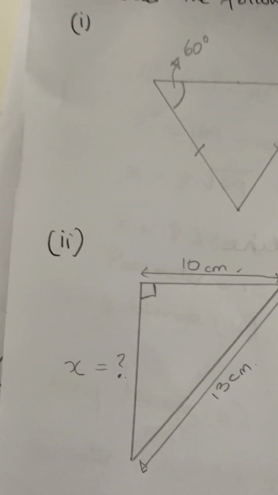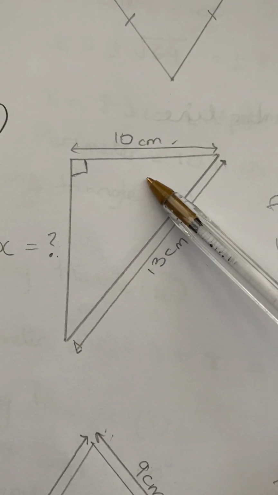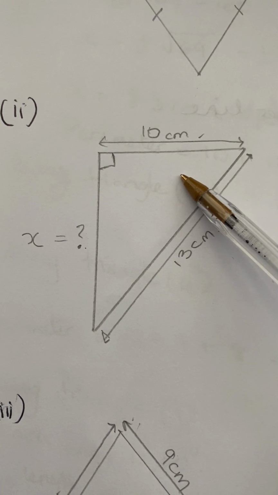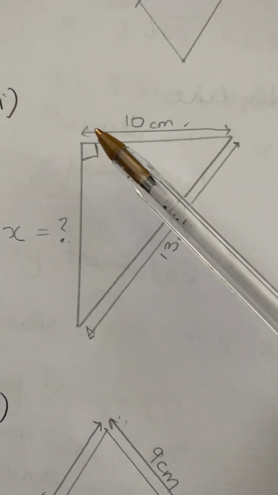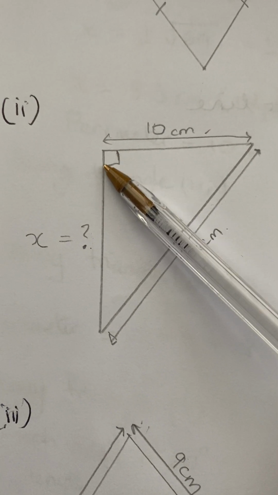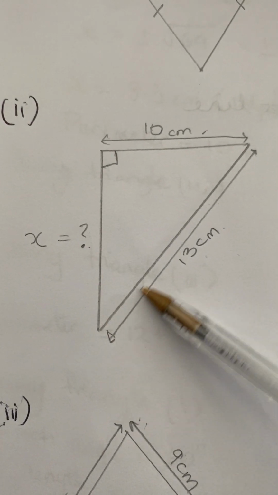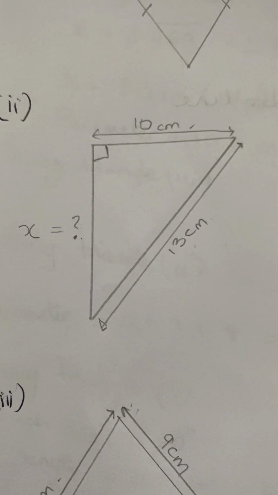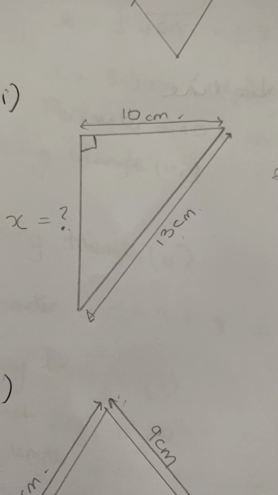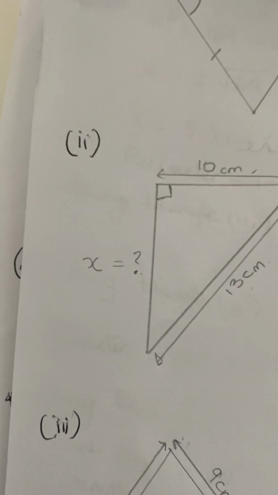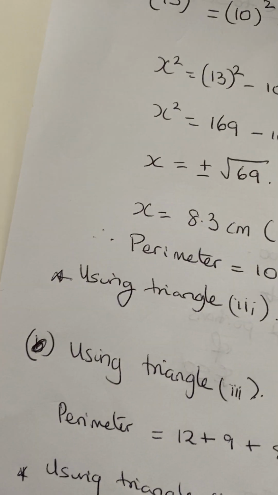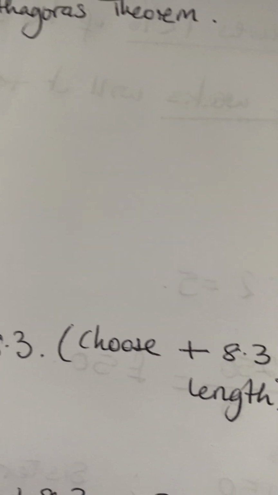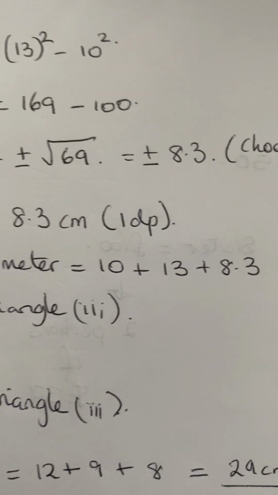Now if you look at this right angle triangle here, we can use Pythagoras, find this side, add them together, and see if they add up to less than 30, because the question says work out the probability that the perimeter is less than 30 centimeters.